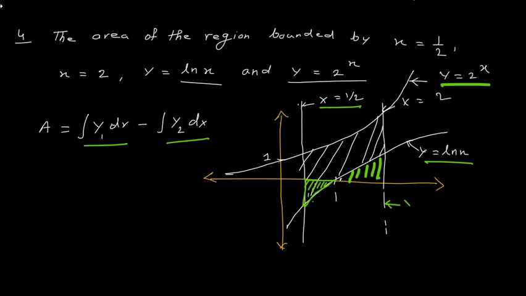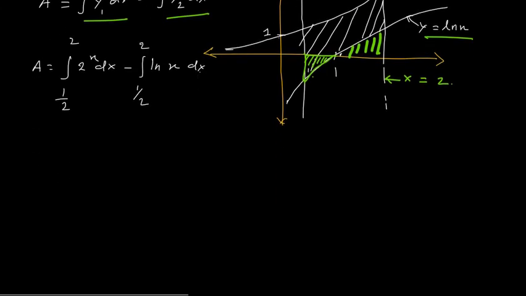This is your x equals 2. So let us start. We have area A equals the integral from half to 2 of y1, which is 2 power x, dx, minus the integral from half to 2 of the second curve, ln x dx.